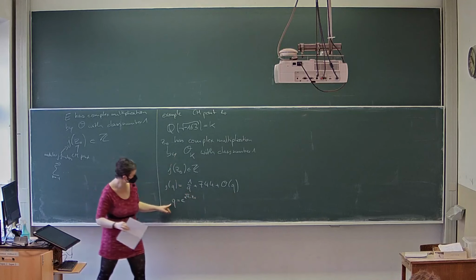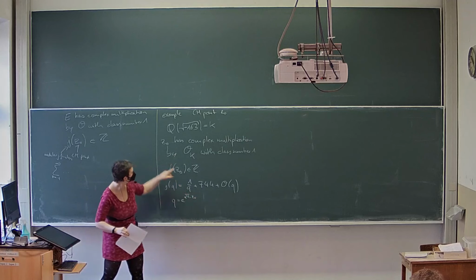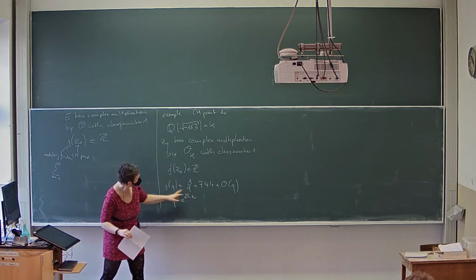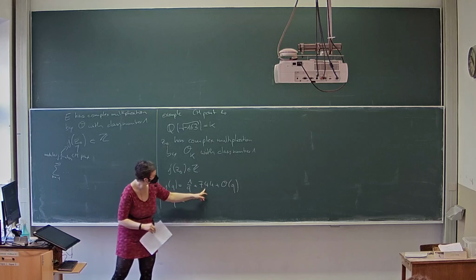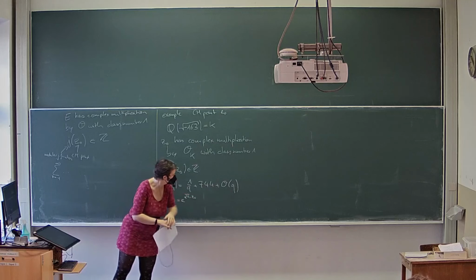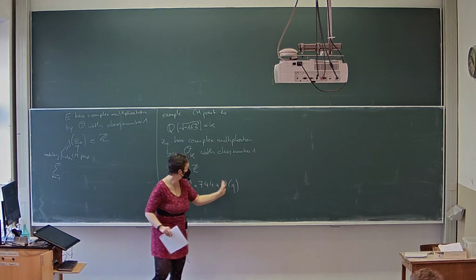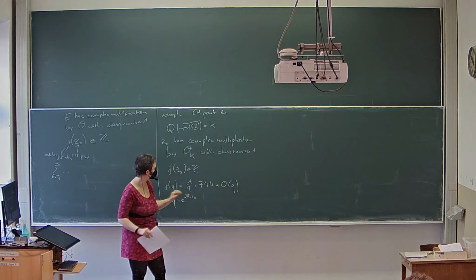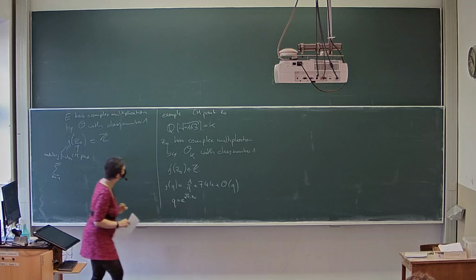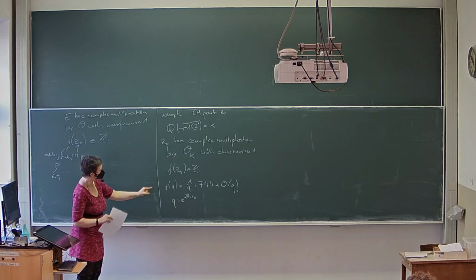So it's a series in e to the 2 pi I Z0. It starts at -1, then it has a constant term, and then it has more terms. And the interesting thing is that all the coefficients are also integers. So what does this tell us?